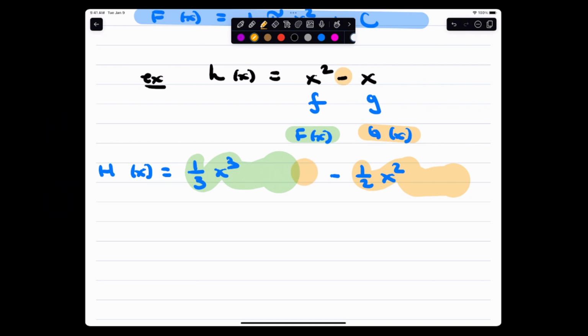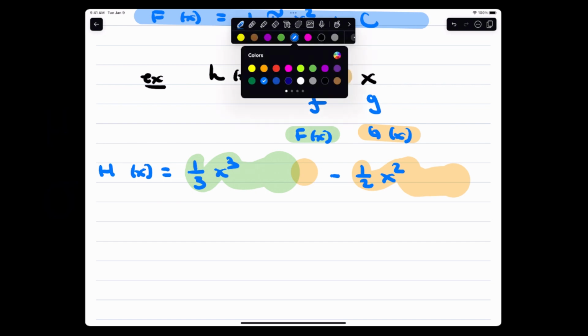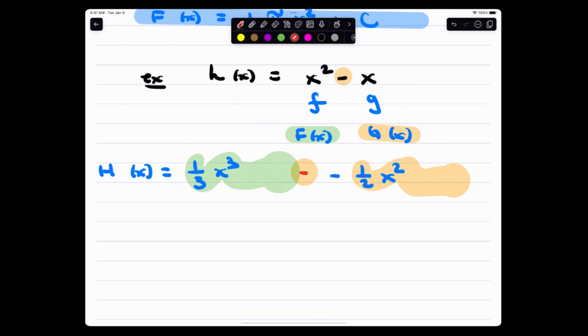I'm going to put a difference here. Let me do every detail. All right, you guys good with that? This is my point to you guys. This is the f minus g we're talking about.